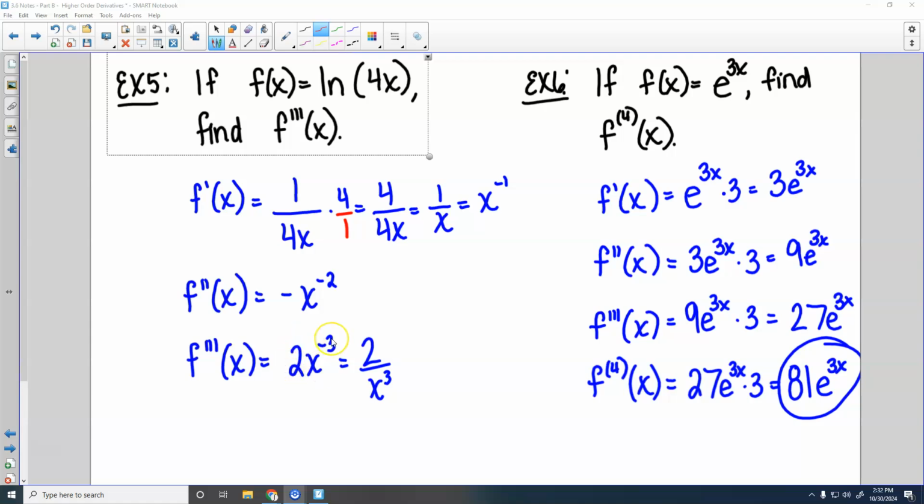Positive 2x to the negative third. They might leave it like this. They might move that x to the third back down to the denominator. Either one of these answers right here is fine.